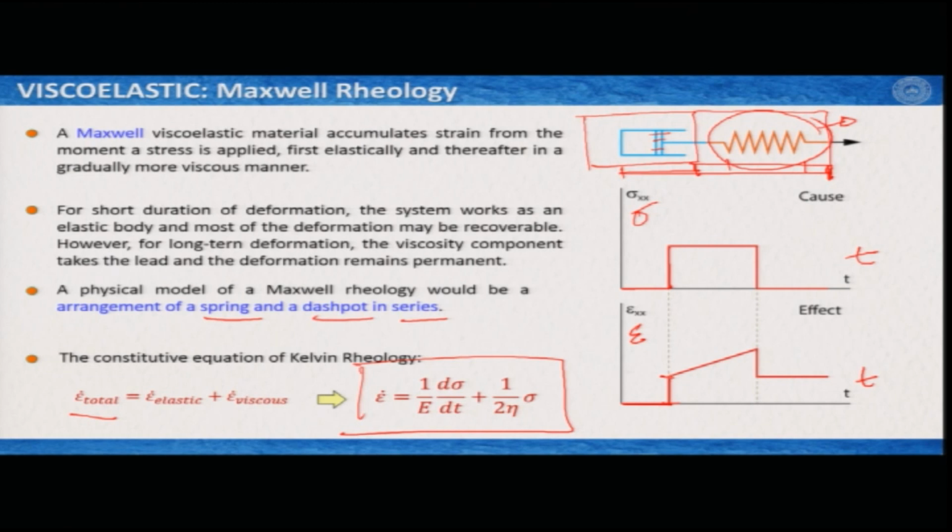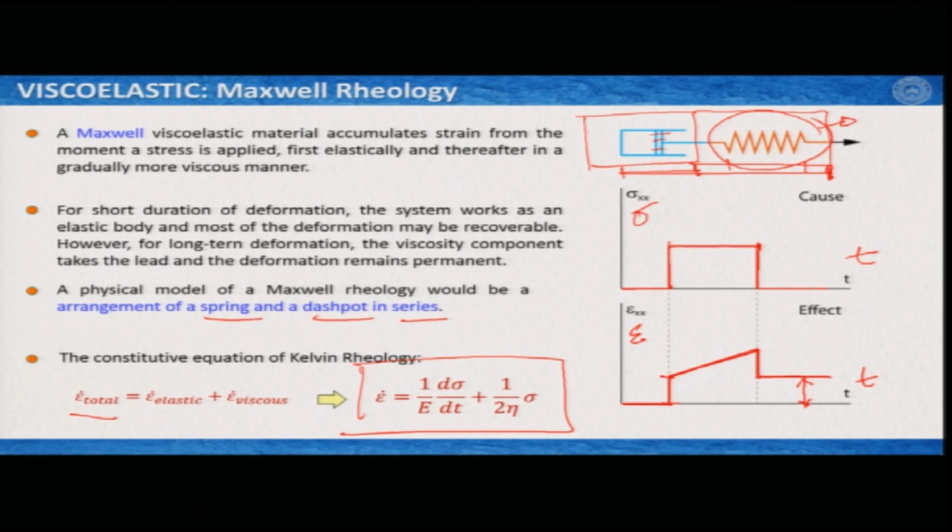And then I keep it for quite a long time, so then viscous strain increases slowly. Now, when I release this stress instantaneously, the elastic part is released, but the viscous strain stays, it does not come back to its original position. But again this happens very, very slowly, however in a linear manner.